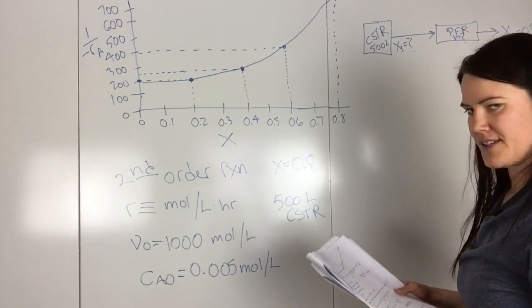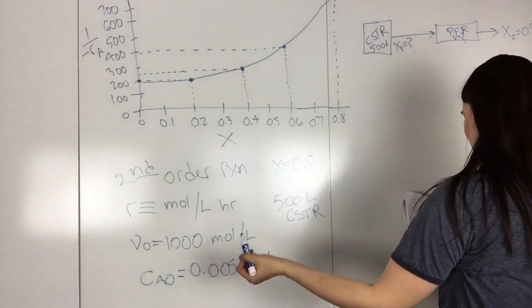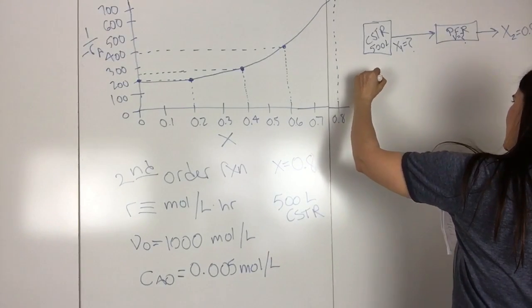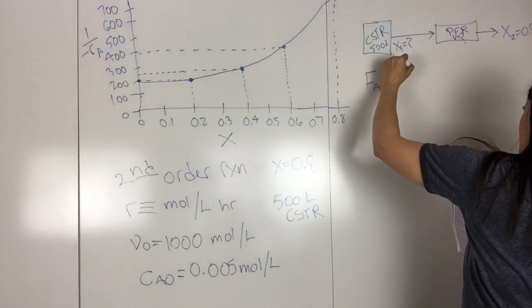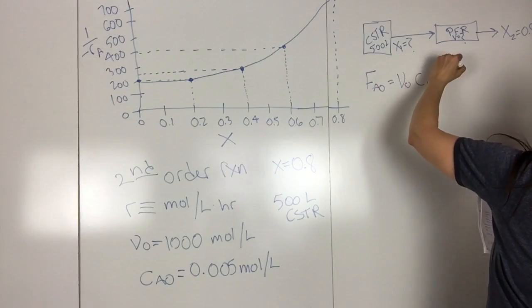First of all, we can also calculate the molar flow rate because we have the concentration and the volumetric flow rate. So we know that FA naught is equal to the volumetric flow rate multiplied by the concentration.